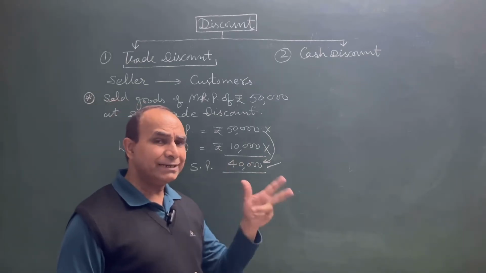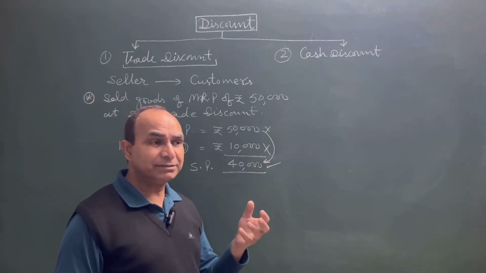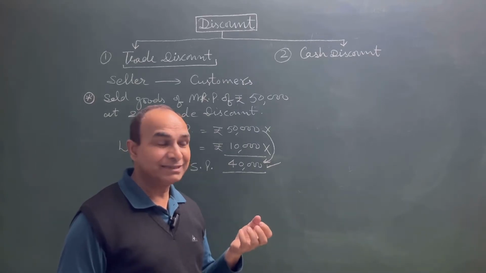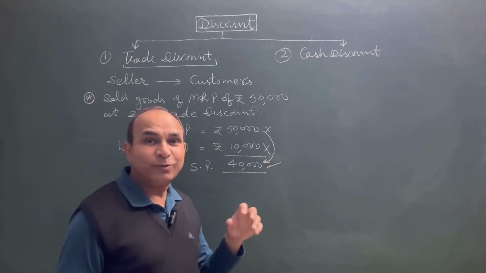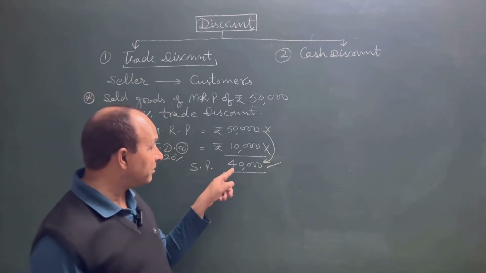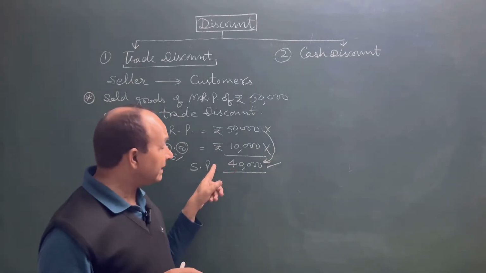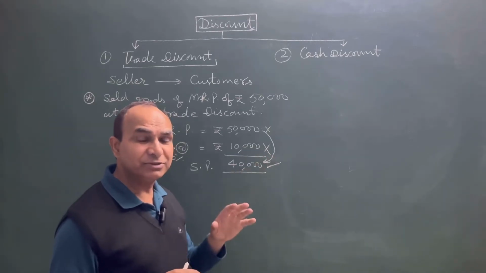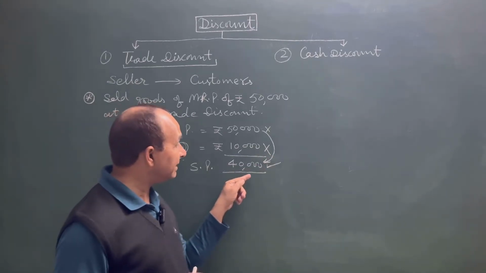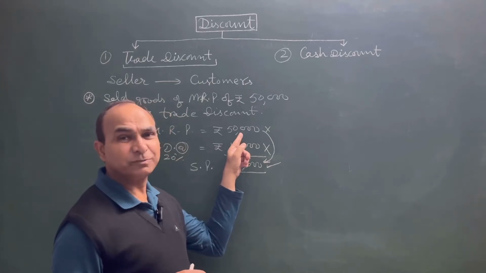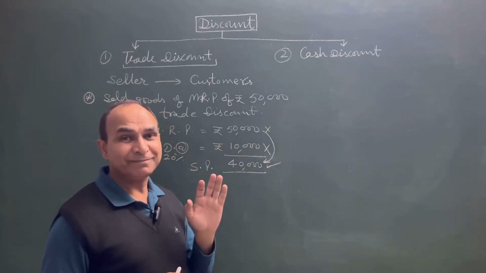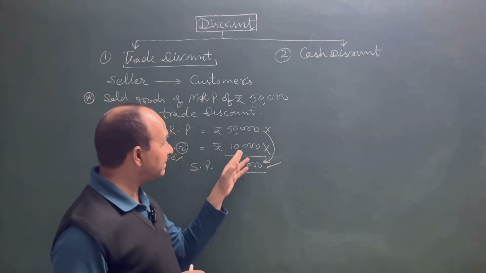So looking at this habit, the sellers are in a fix. They have to sell the product at rupees 40,000, yes, they know it, but it cannot be directly sold at 40,000. So they deliberately, knowingly fix the price at 50,000 rupees and then deduct 20% of that.